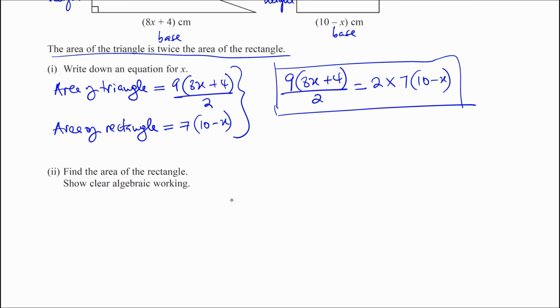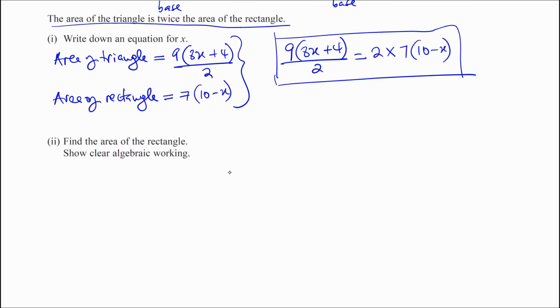Now, for part 2 of this question, we are required to find the area of the rectangle. So we need to solve for x. So we have this equation, 9 into 8x plus 4 over 2 is equal to 14, because 2 multiplied by 7 will be 14, into 10 minus x.